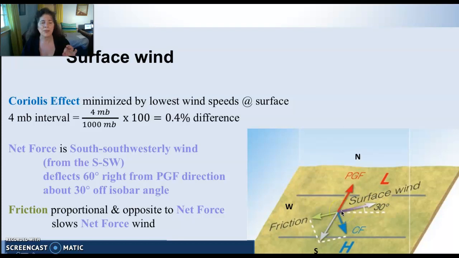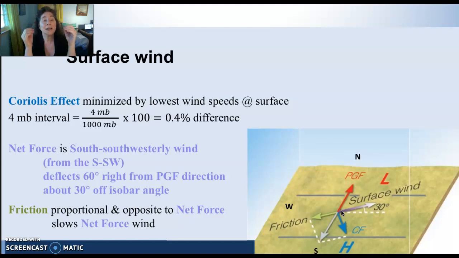So this is deflected about 60 degrees from the right of the pressure gradient force, whereas in the upper levels, you had 90 degrees from the right of the pressure gradient force and you had a westerly wind. Here you've got about 60 degrees off the pressure gradient force for a southwesterly wind.